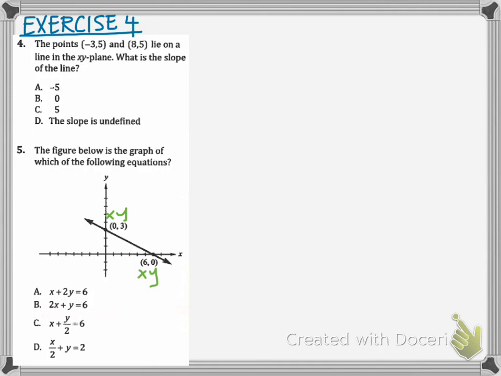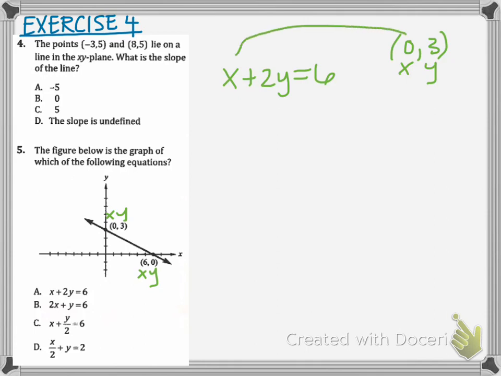Let's say I start with A. I've got x plus 2y equals 6, and I start with the point 0, 3. So I have an x and a y value. I want to put the 0 where x is, and the 3 where y is, and see if it makes the equation true.